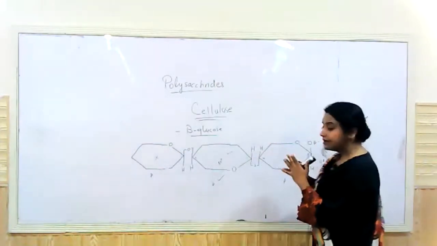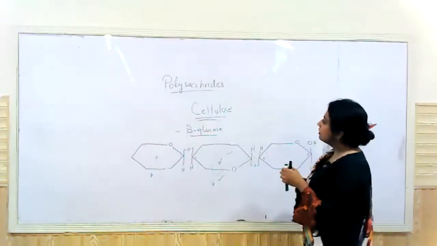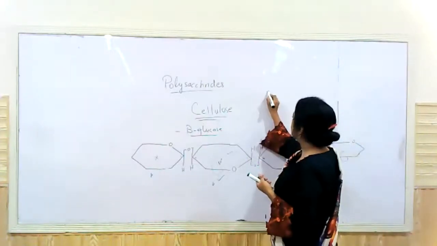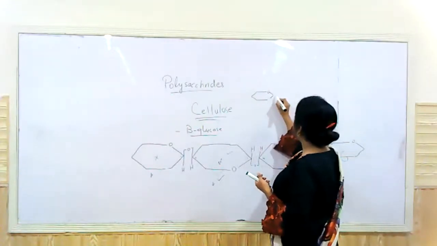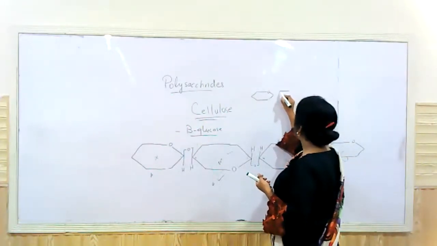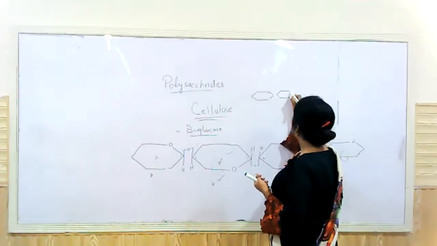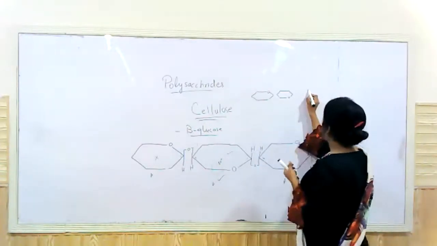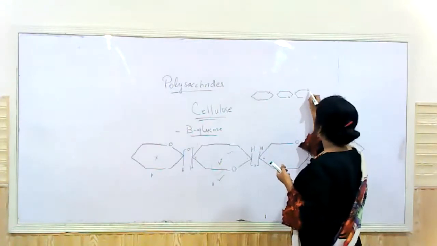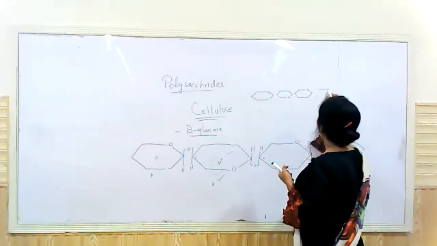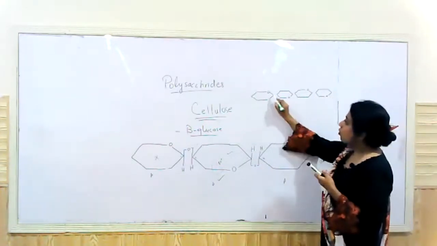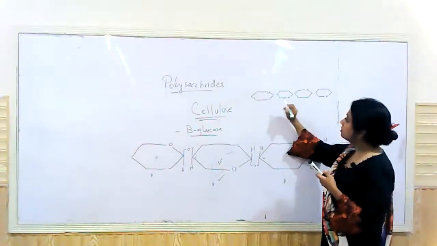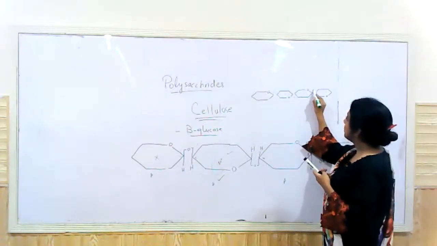So when the entire linkage is done, it looks something like this. I'll make tiny molecules. See? So, one bond is formed here, the other one here, the next one here.